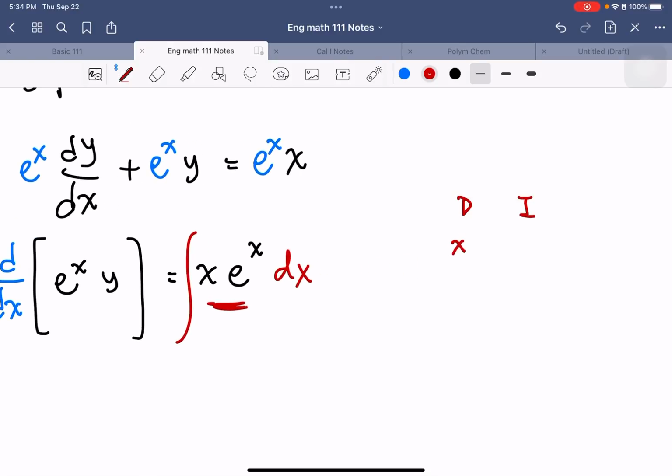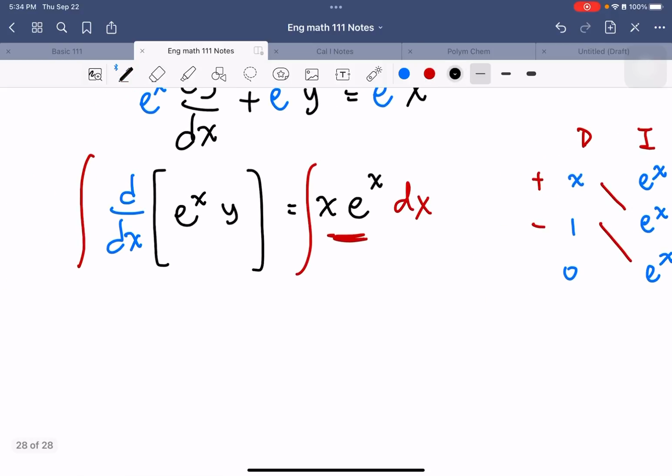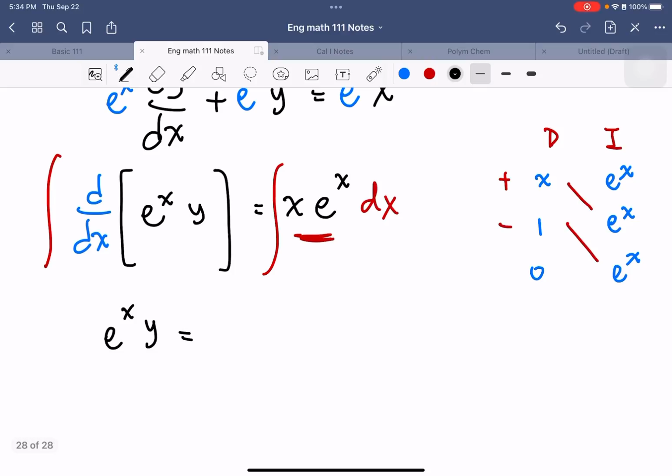So x, maybe using blue. This is differentiate, integrate, and then this will be plus minus. So we'll have e to the x times y is x e to the x minus e to the x, plus a constant.